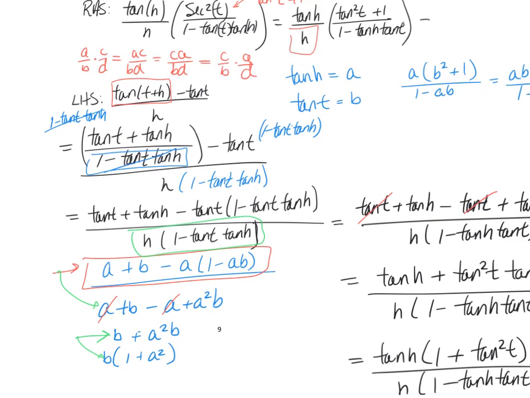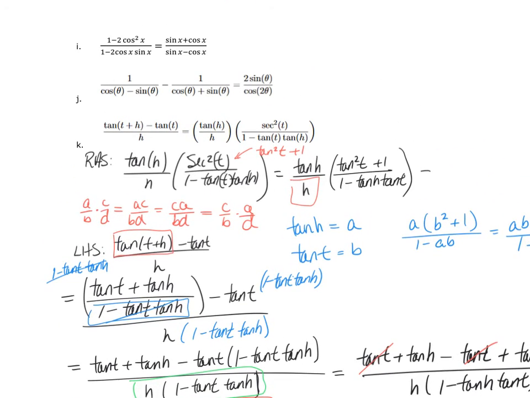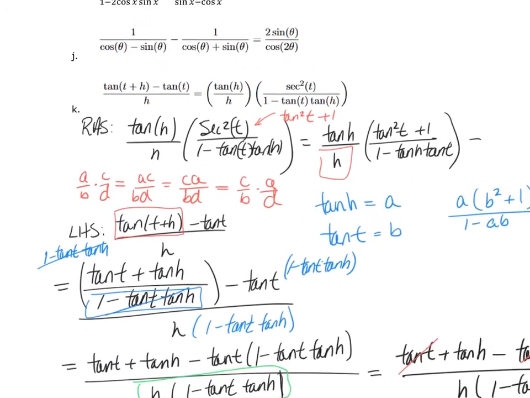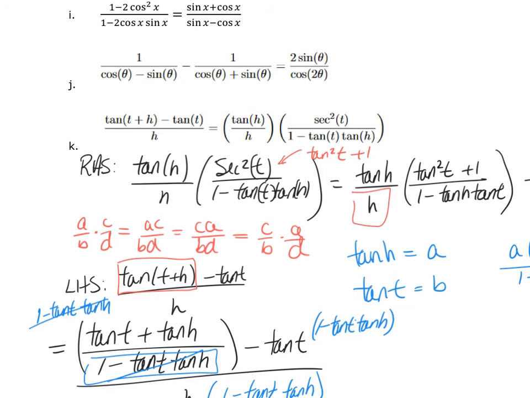So the question was, how did I know the left-hand side was going to be the easier one? It's because I saw this denominator here, and that screams the denominator of the sum of tangent.